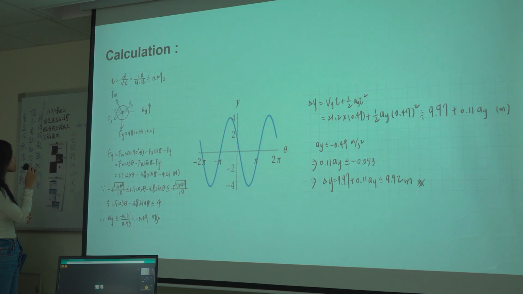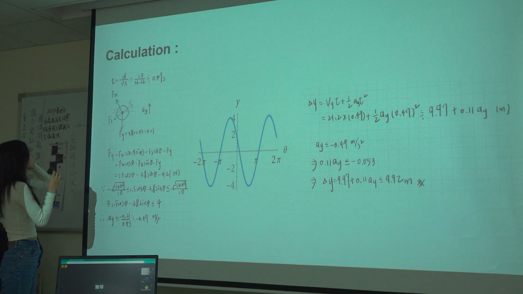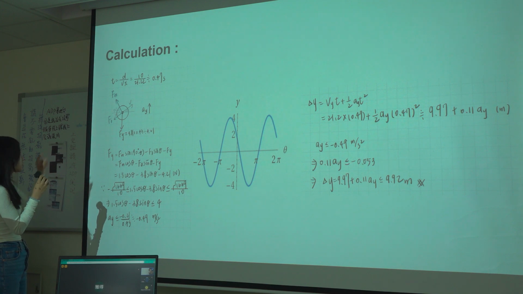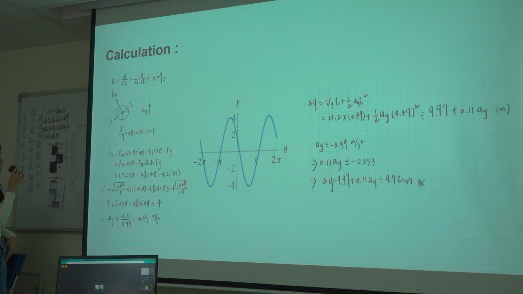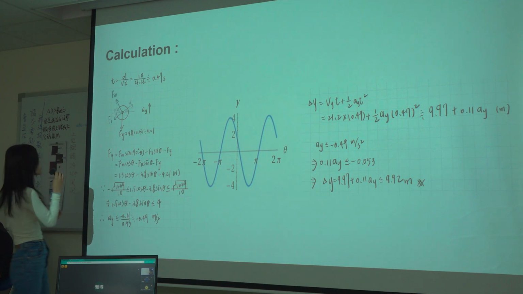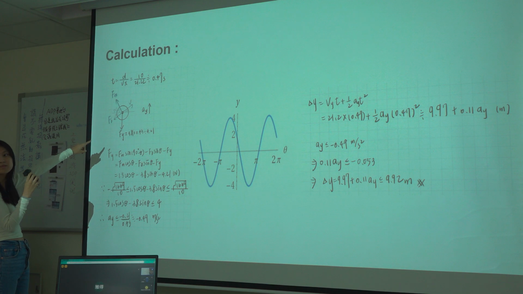We can obtain the time by dividing the distance by the velocity on the x-axis, which equals 0.74 seconds. This is my picture about how the forces act on the ball.